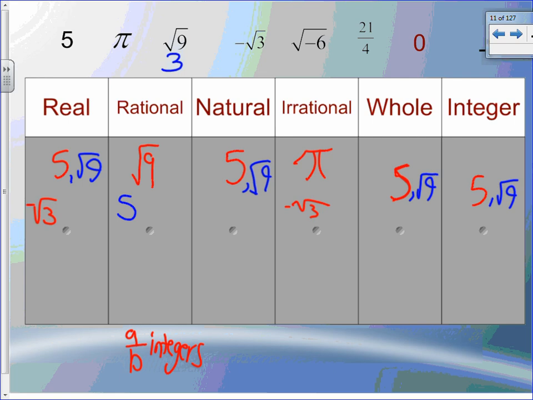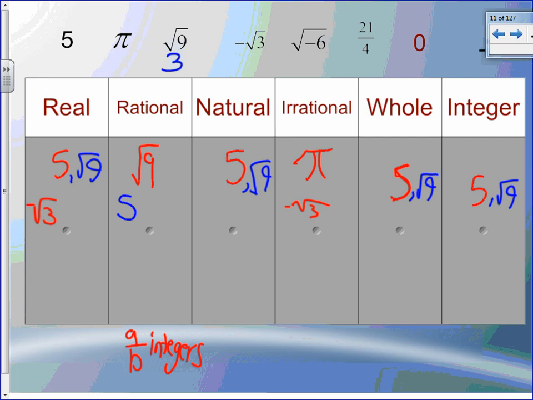We need to get through that, though. Is the square root of 3 a whole number? Square root of 3 is like 1.7. So is this a whole number? No. So is the negative square root of 3 a rational number?